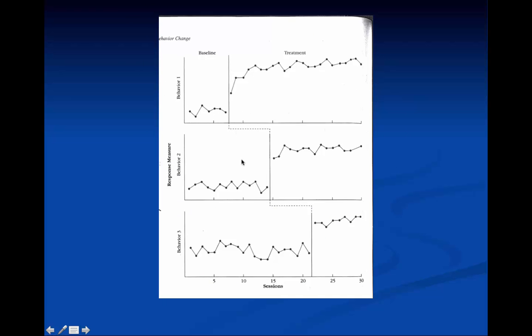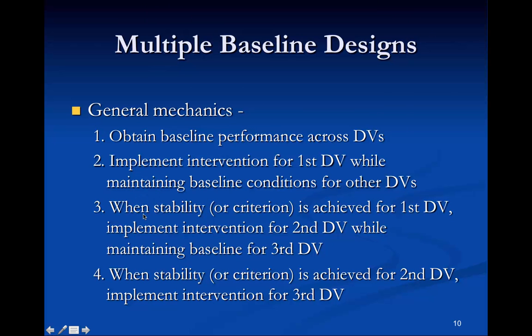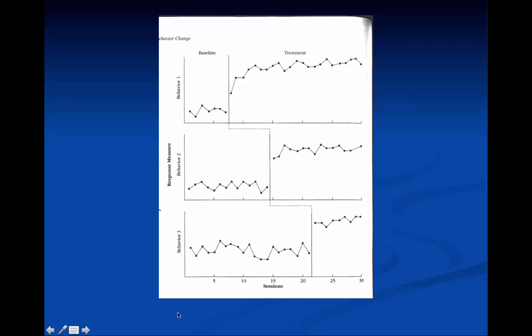So you maintain baseline in the second and third while you're implementing treatment here. And when stability is achieved for the first dependent variable, target behavior, implement intervention for the second while maintaining baseline for the third, and when stability is achieved for the second, implement intervention for the third. Okay? Hopefully that is crystal clear.